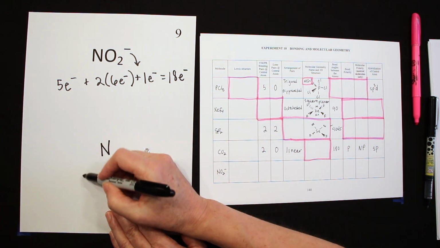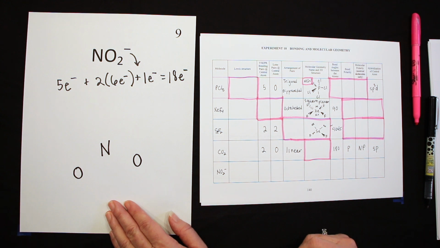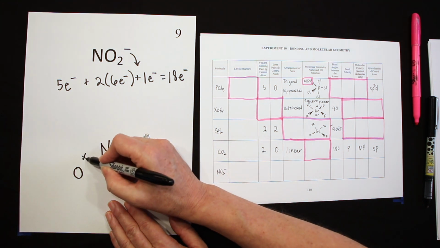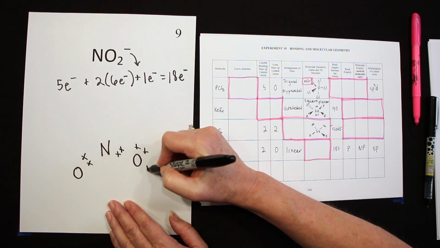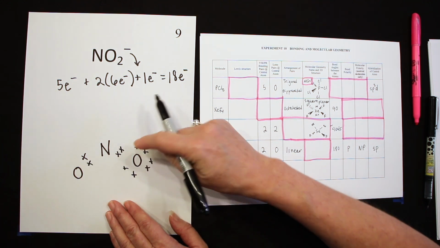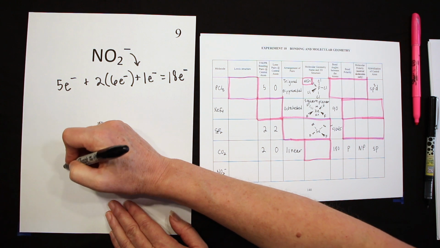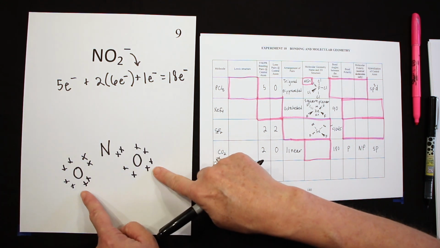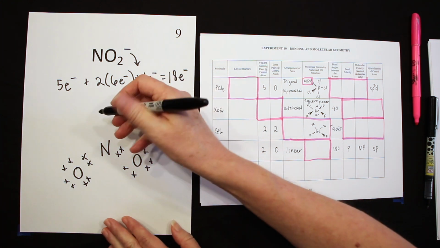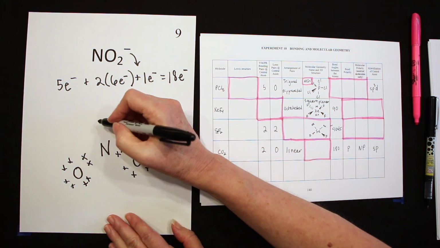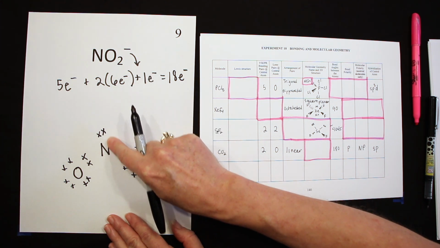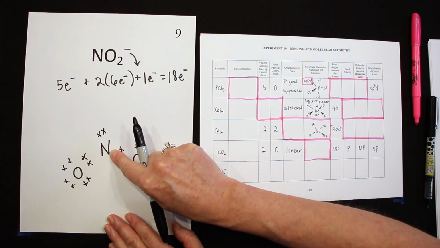I'm going to start with a structure and then put 2 in each bond, and then fill the octets of the outer atoms. This is 16 electrons. I need 18, so any extra ones go as a lone pair on the central atom.